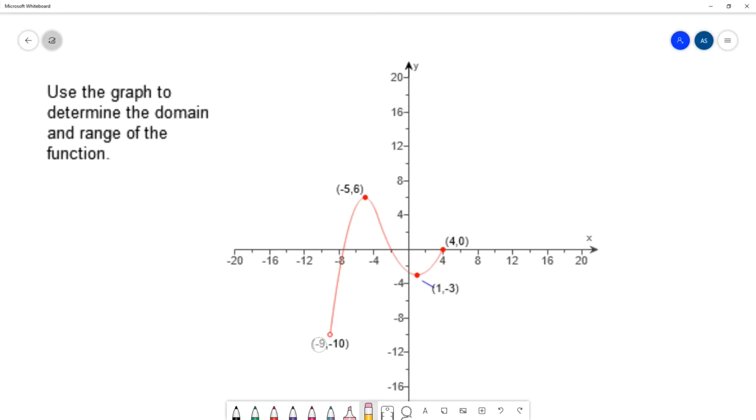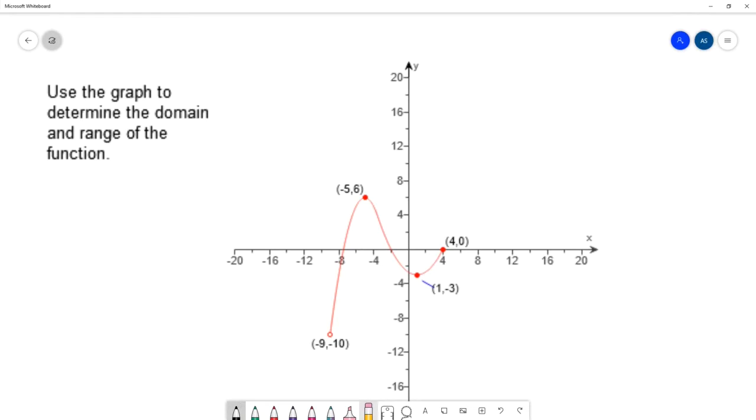And if you list out just these numbers, you're only getting the domain for those individual points. So we're going to use interval notation, and interval notation will allow us to get all of these values instead of just these individual ordered pairs.